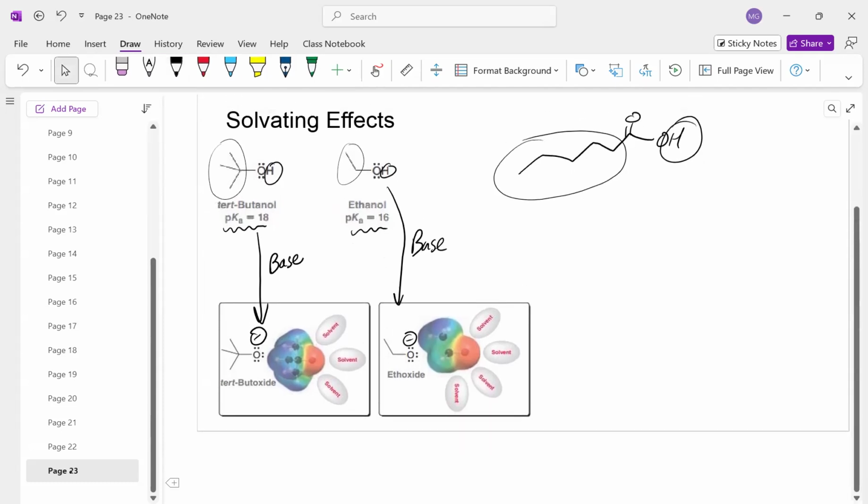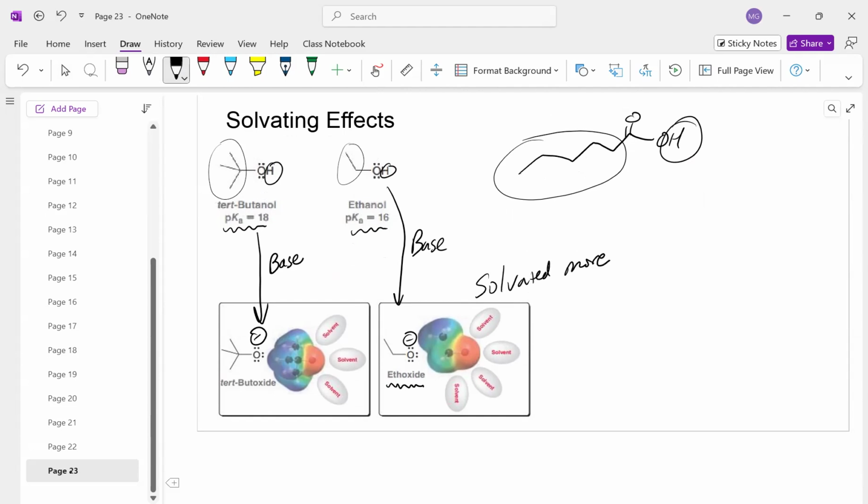What this has to do with is how much the solvent helps stabilize the ion. In a small alcohol like ethanol, the resulting ion, what we call ethoxide here, can be solvated more.